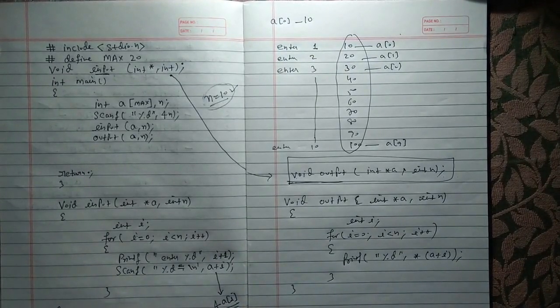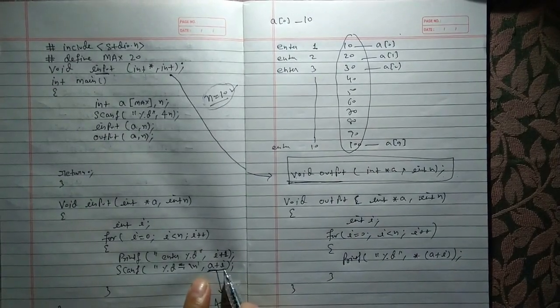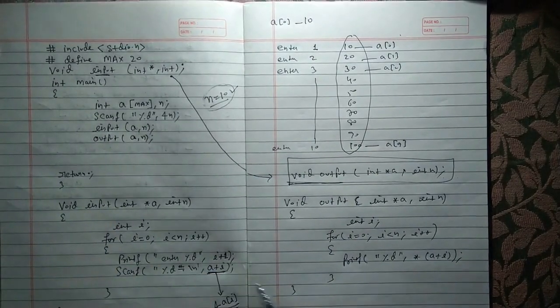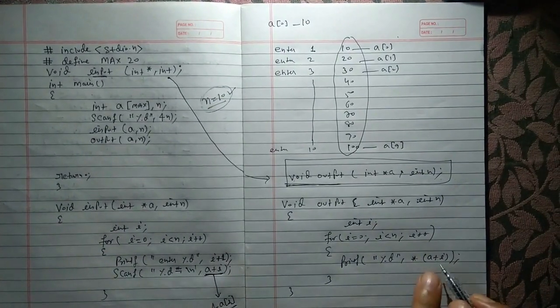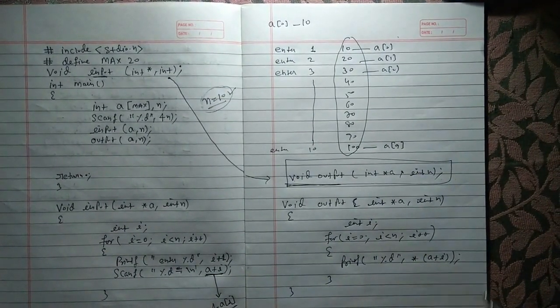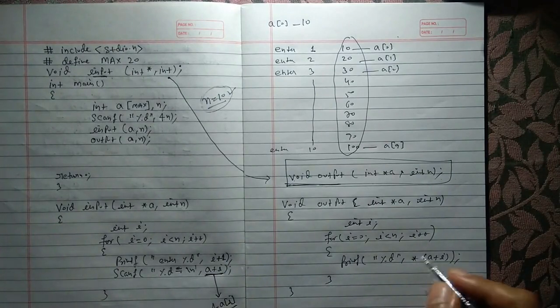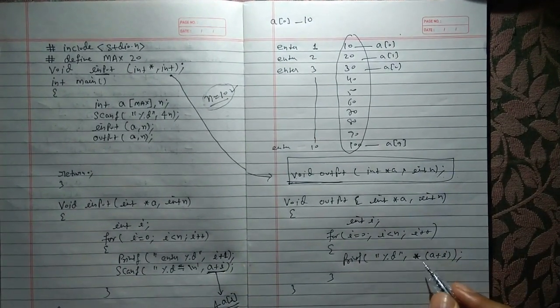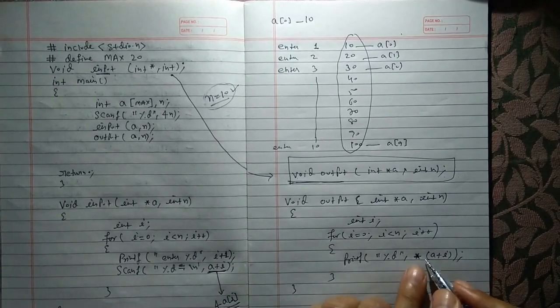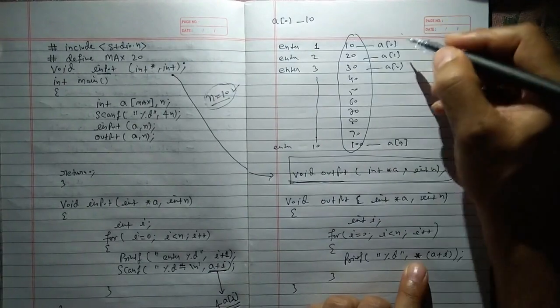Here we have used a plus I for input, and this and this are both the same, address of A I. So what is the value inside the address? We are using the asterisk sign, so it will read the variable inside this array.